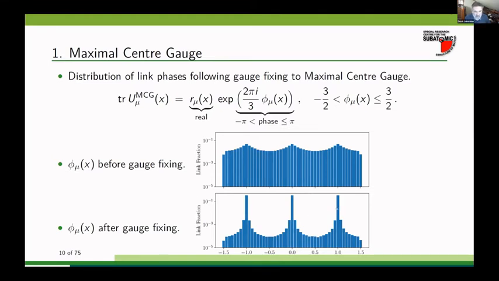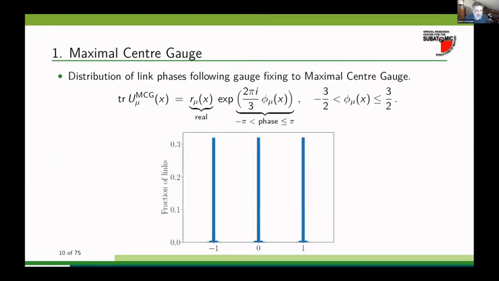But after gauge fixing, it looks pretty good. This is a logarithmic plot. And so perhaps to show you how good this process is, here it is without the logarithmic plot. So you really can bring these link variables very close to the identity. Of course, there's supposed to be some shoulders there, and you can still see them. All right, so that's the maximal center gauge part.